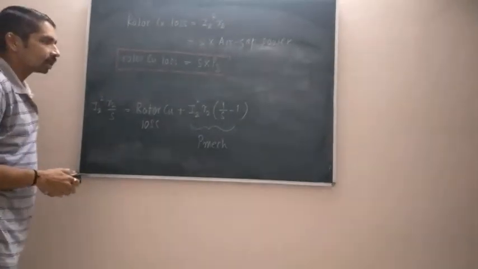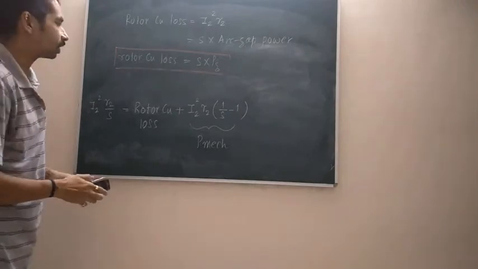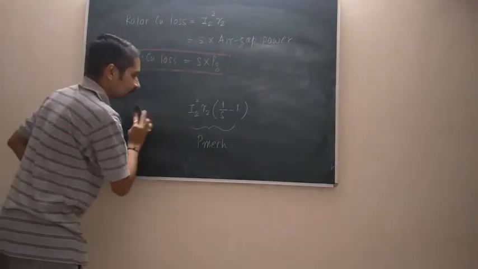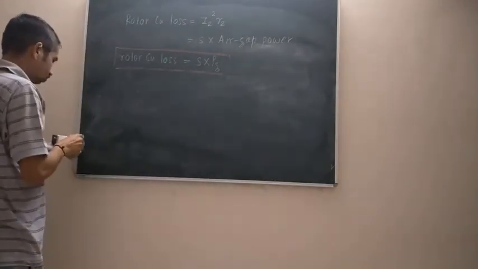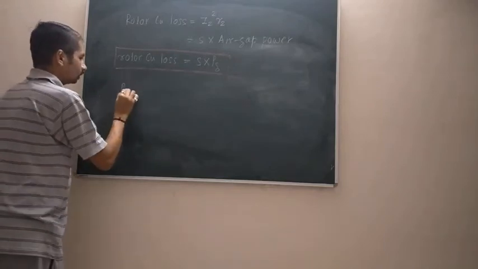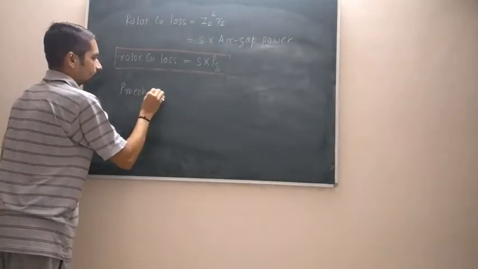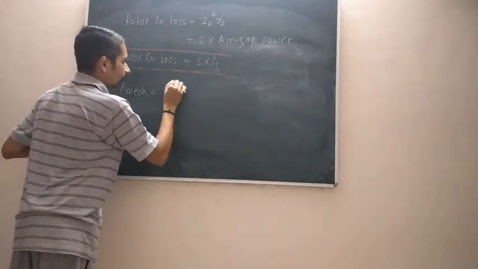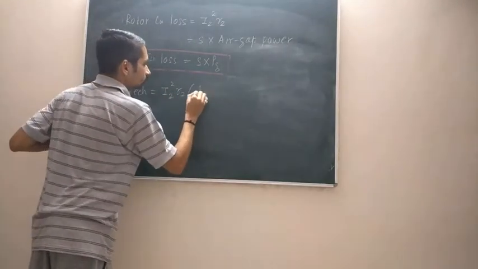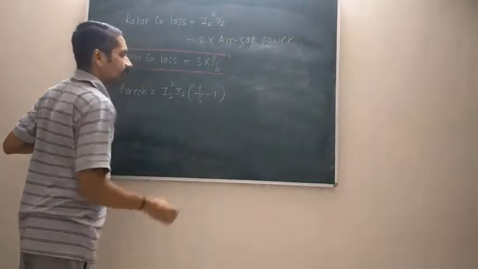Let us try to see how we can express the mechanical power in terms of the air gap power. The expression for the mechanical power is I2 square R2 into (1 upon S minus 1).